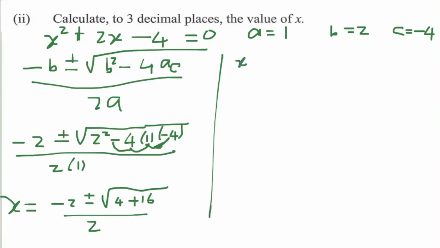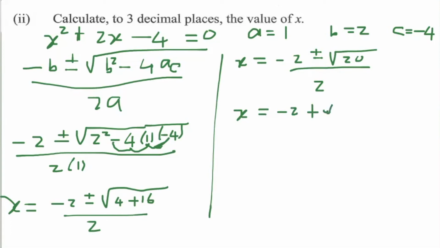So I have x is equal to minus 2 plus or minus the square root of 20 all over 2. x is equal to minus 2 plus root 20 all over 2, or x is equal to minus 2 minus root 20 all over 2.